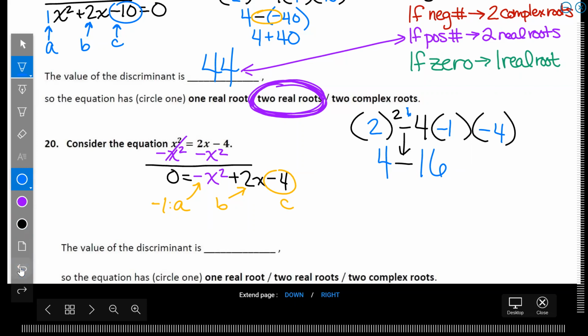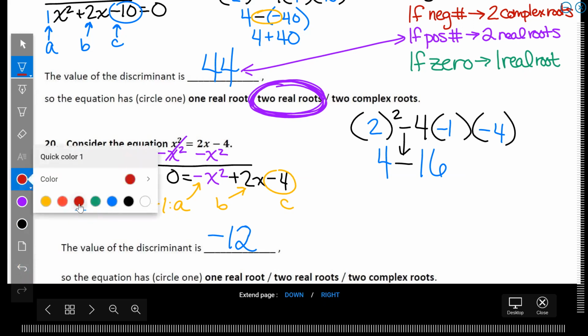And I brought my minus sign down there. What is 4 minus 16? Close. -12. So what does that tell me about my roots? 2 complex roots.